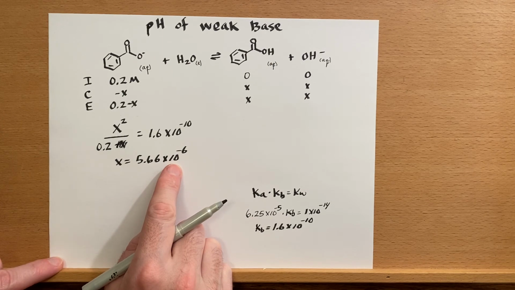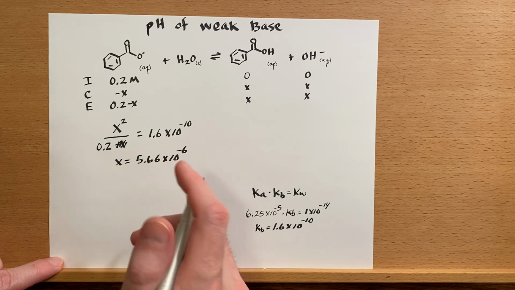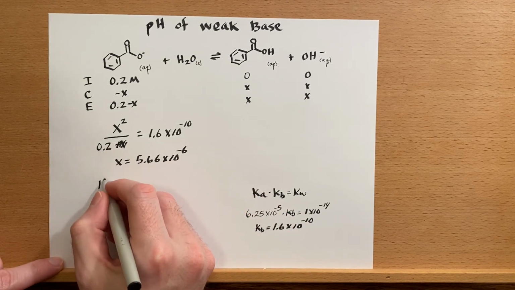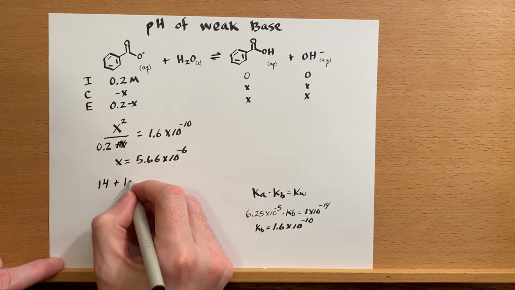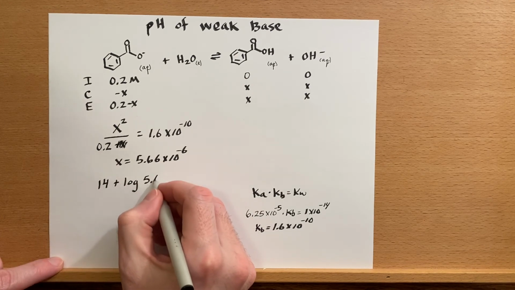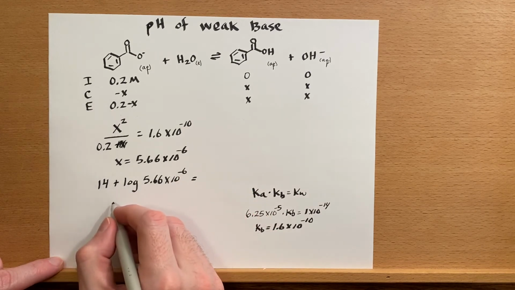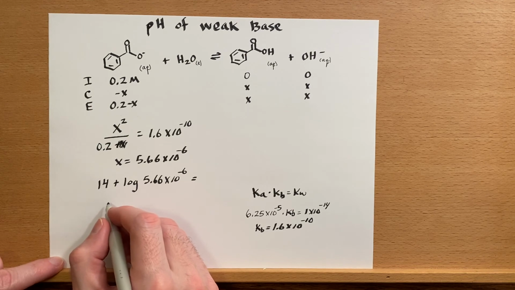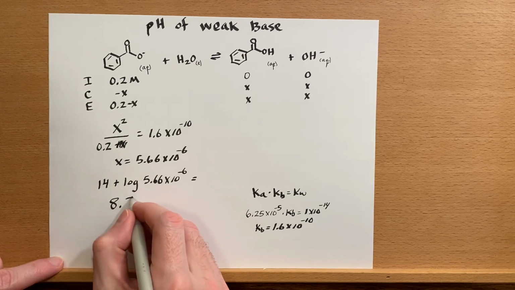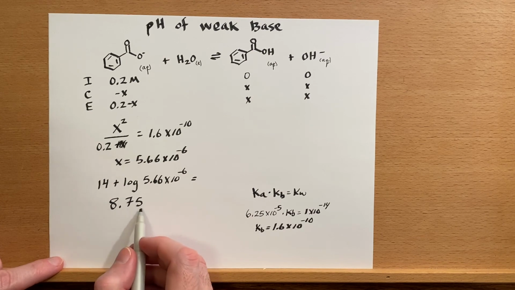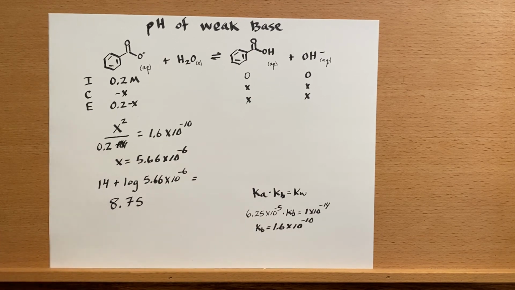We instead need to use 14 plus log of the hydroxide ion concentration to get the pH. So I'm going to do that. 14 plus log 5.66 times 10 to the minus 6, and this should equal 8.75. And again, I generally like to write 2 decimal places because that's how accurate pH probes are.